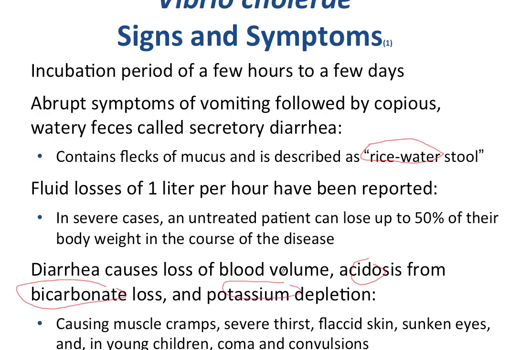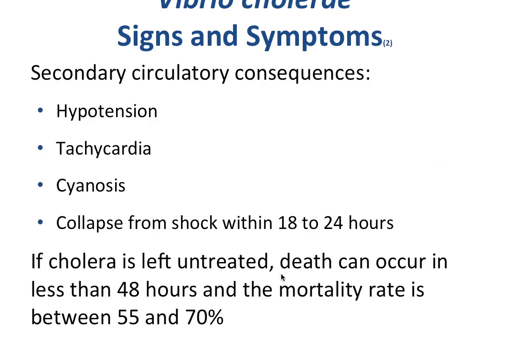The patient can have muscle cramps, thirst, flaccid skin, sunken eyes, and can have coma and convulsions. So if the dehydration is very severe, the patient may have hypotension. Okay, hypotension.